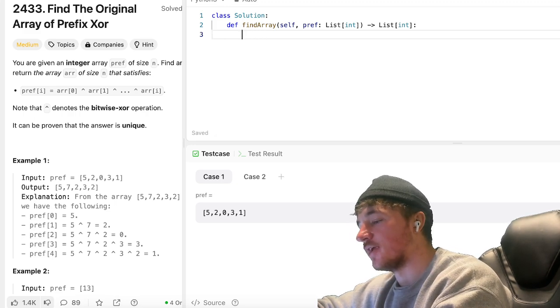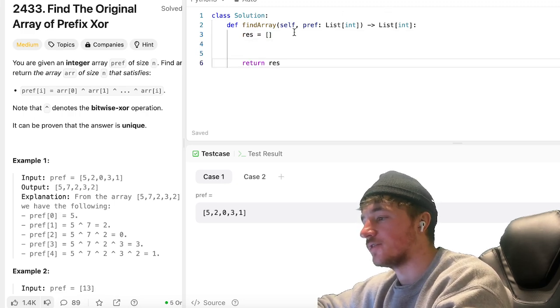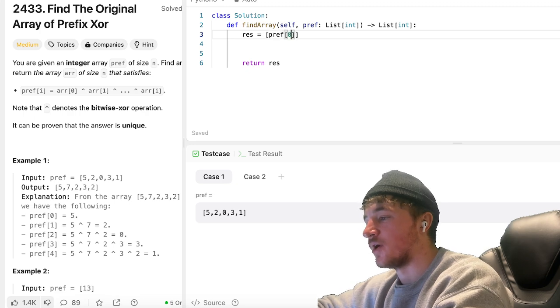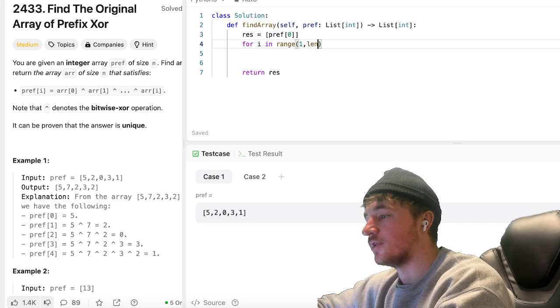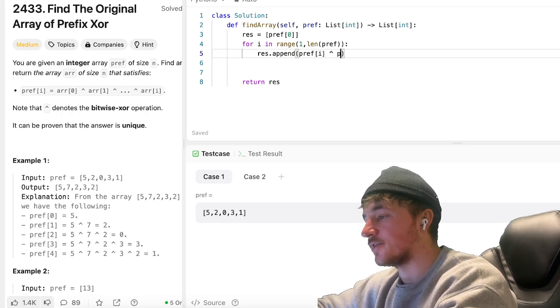There's so many ways to do this. I'm just going to call it res, return res. Well, the first one is pref 0, we already said that. And then for the remainder, in range 1 to length of pref, we'll just append it because this is the newest element, pref of I XOR pref of I minus 1.